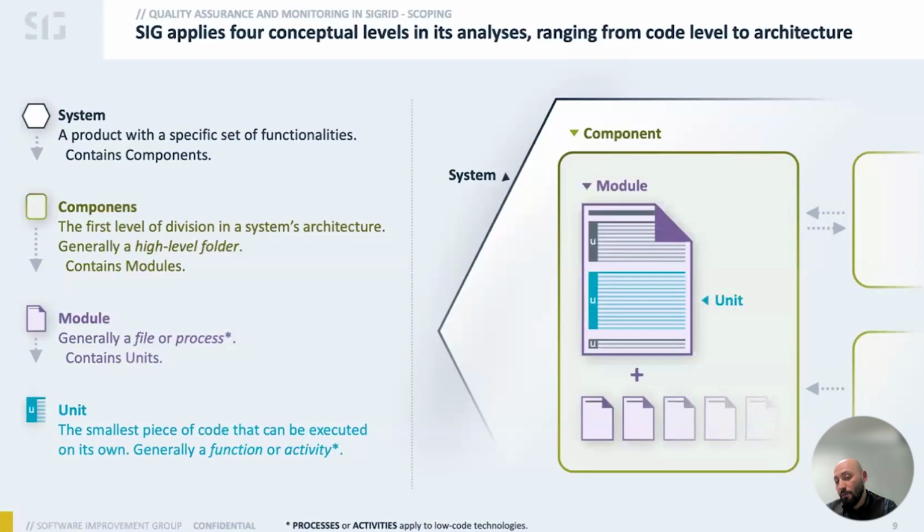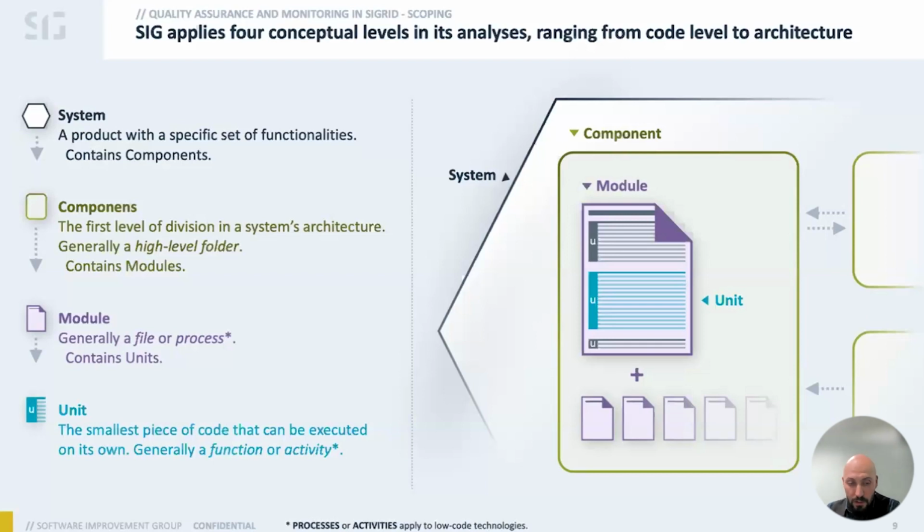Those are maybe new terms for you, but in order to be able to work with a technology agnostic tooling, you need to create some kind of definitions that could be applicable to different technologies.